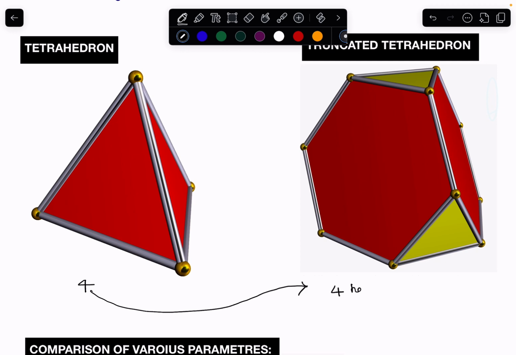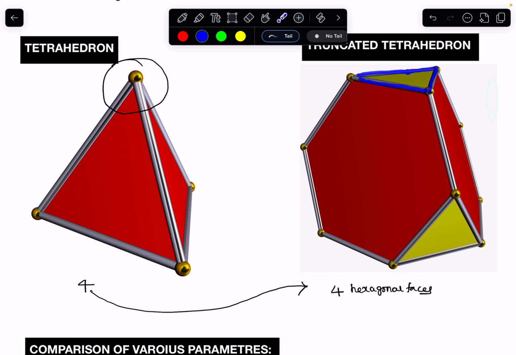So that is 4 hexagonal faces. And due to the truncation, one triangular face is produced at each corner of the regular tetrahedron, and 4 such faces will be present, because a regular tetrahedron has 4 corners.